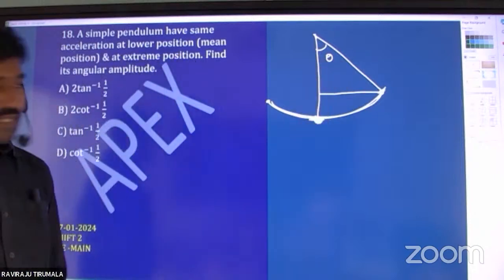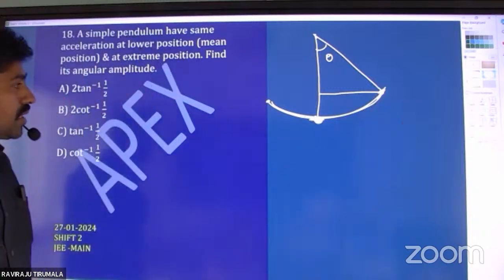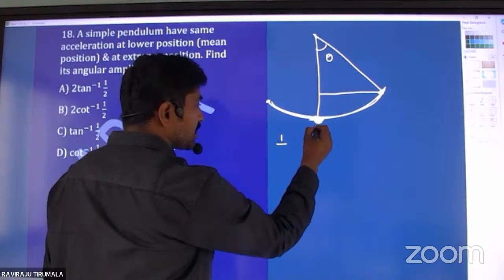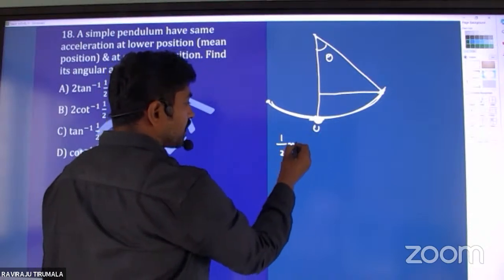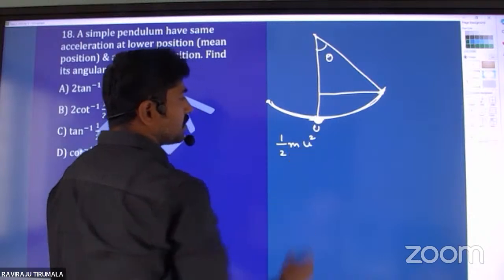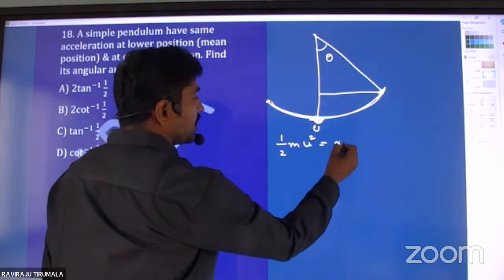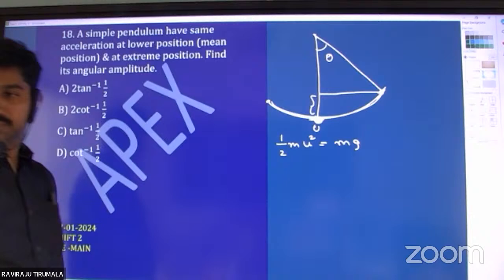Kinetic energy at the bottom point and potential energy here will be the same. What is the kinetic energy formula here? If the velocity here is u, half m u square equals, what is the potential energy? mgh only, no? This h is how much?